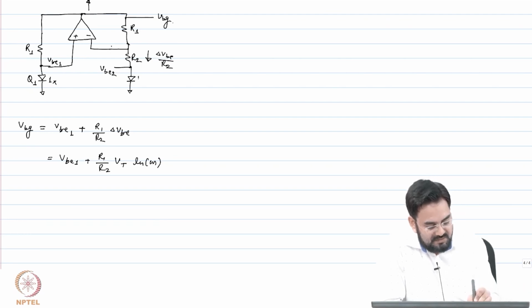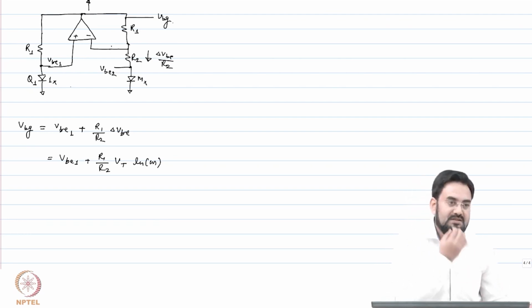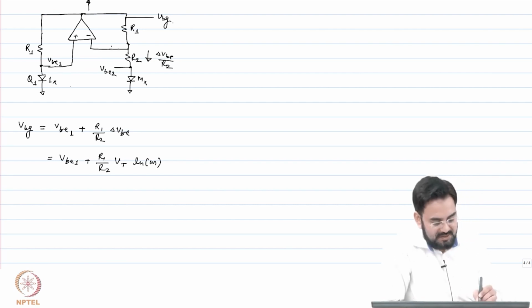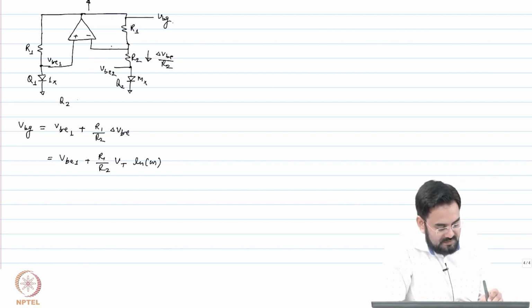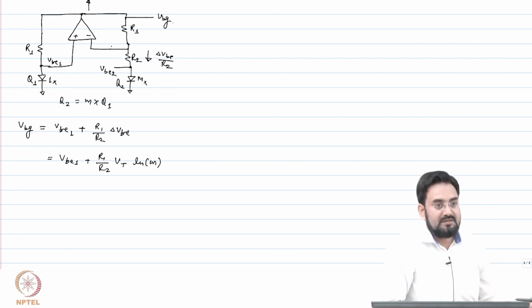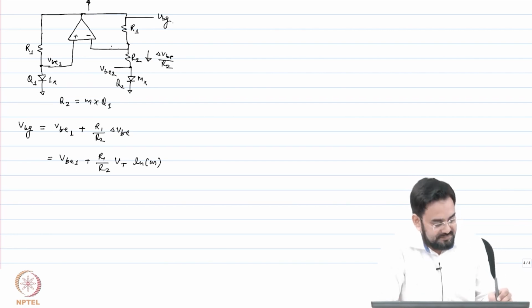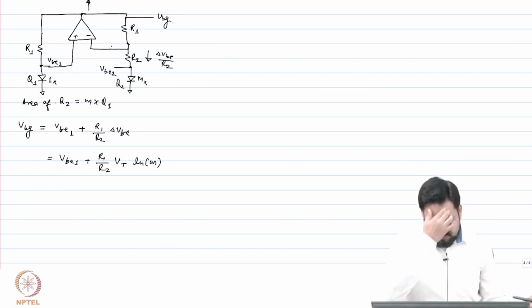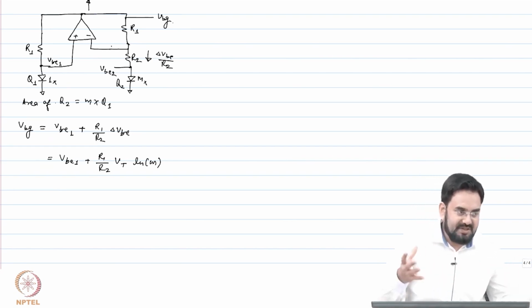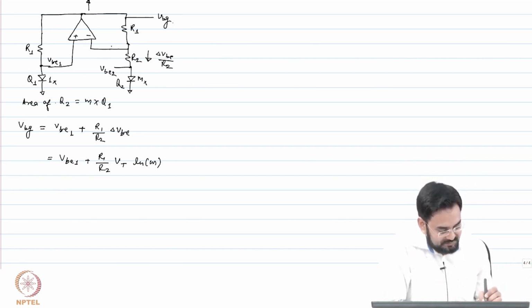If this is m times, that is 1x, so your Q2 is m times of Q1, the area. When I say area, it is basically the emitter area.